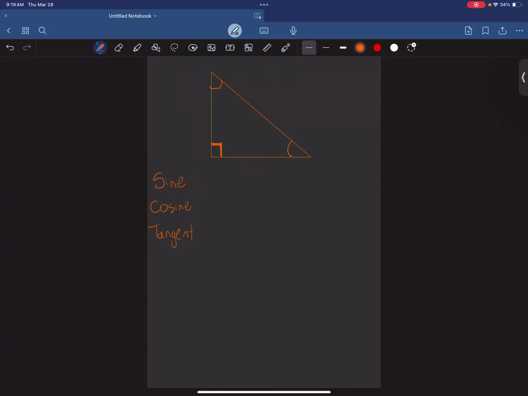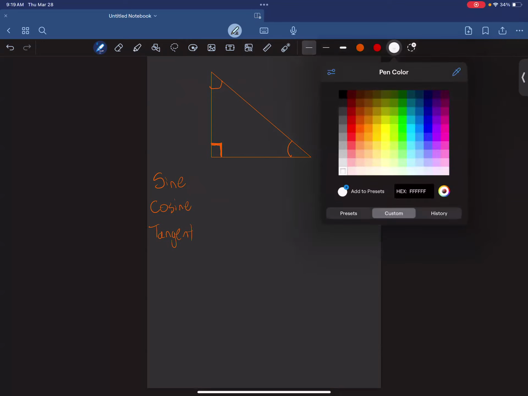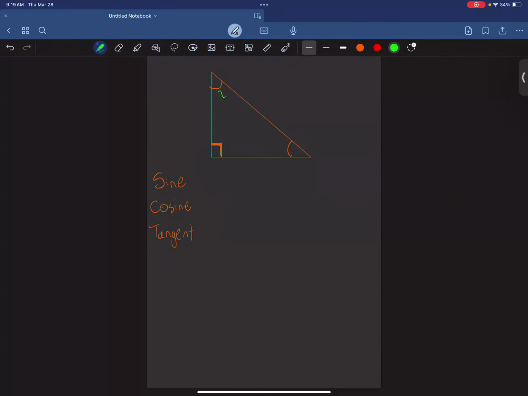Let's say that we're dealing with some angle X here. For angle X, when we think about the opposite of angle X, that's going to be here. When we think about the adjacent of angle X, that's going to be right here.